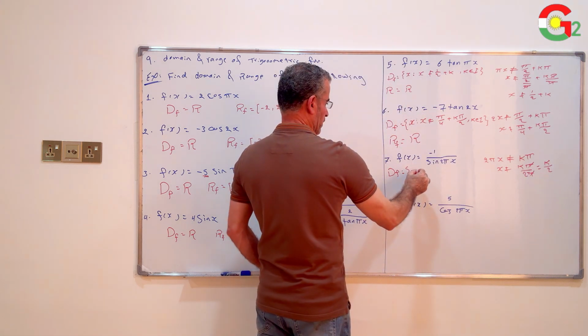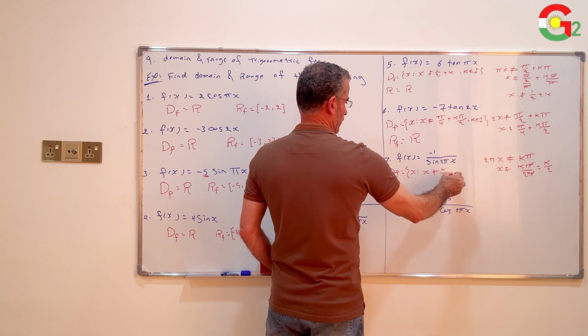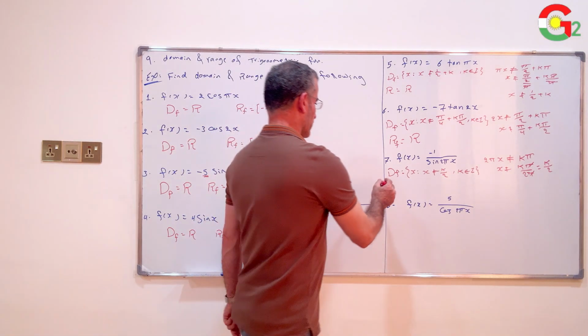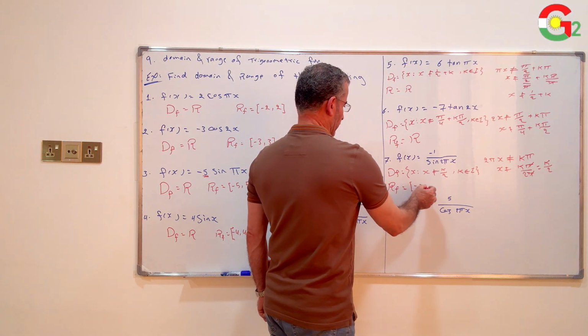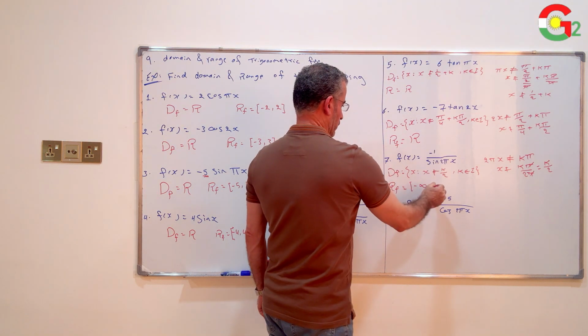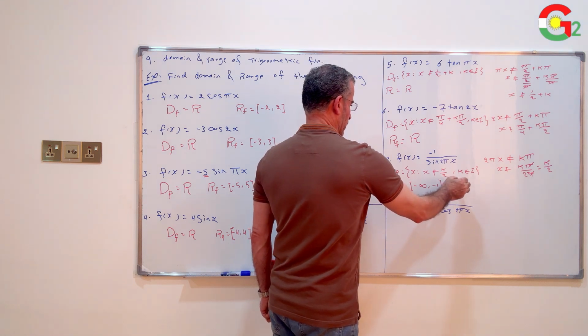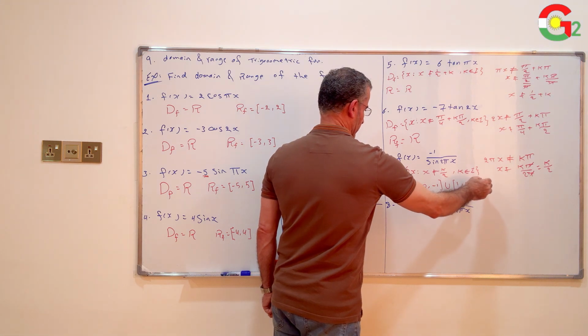Then the domain is all x, where x not equal to k over 2, k is any integer number. The range of this function is range of f equal to negative infinity to negative 1 union 1 to positive infinity.